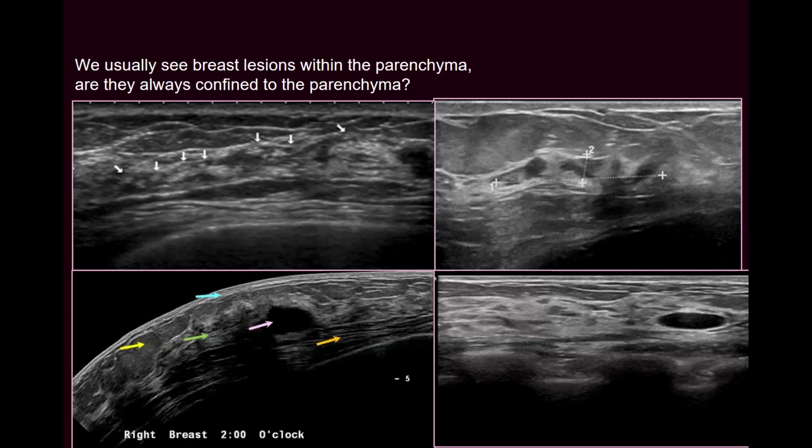You are right, the fibrous tissue of the gland, the mammary fascia, the stroma. There are lesions arising from stroma. What else?